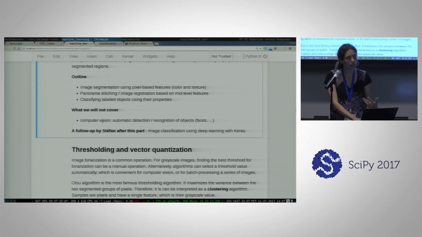So it usually requires quite a lot of resources, both in terms of training time and also memory and CPU time. But you will see an example of image classification using deep learning with the Keras library. So what we will see in this tutorial part is more simple. There will be small examples with different machine learning techniques.